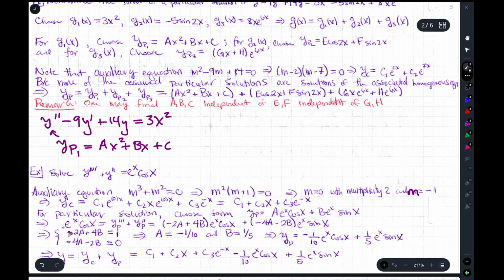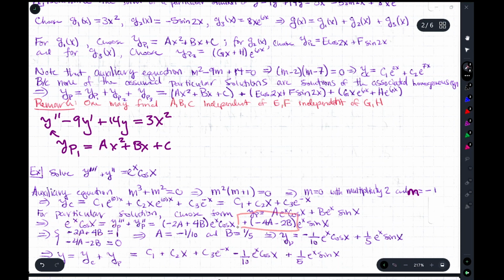And now we have this term here. This is coming from what's given in the problem. And then on the right hand side, we take this and plug it into the differential equation to get the right hand side here, okay? And we match terms, so this negative 2a plus 4b is in front of the e to the x cosine x, so it needs to equal 1, and that's what you're seeing there.